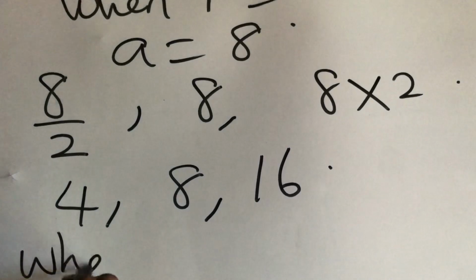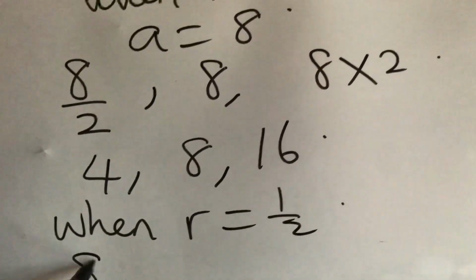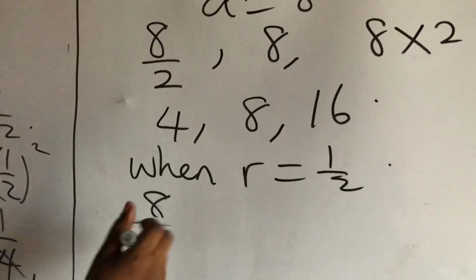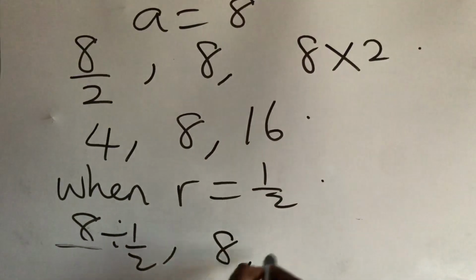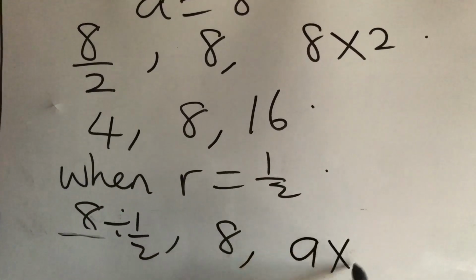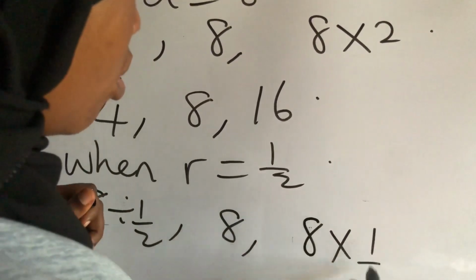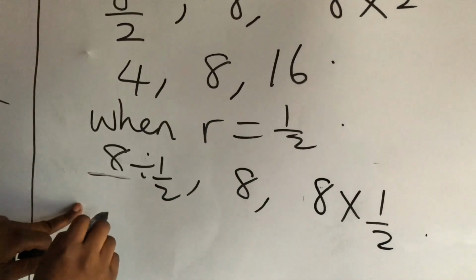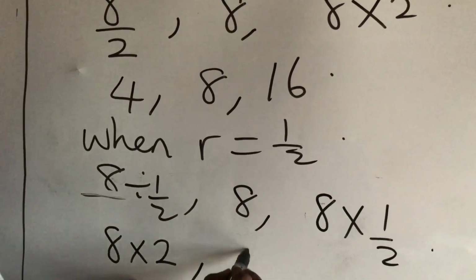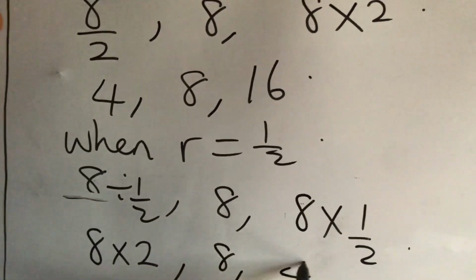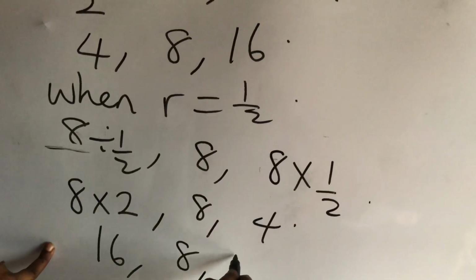So when r is equal to 1 over 2, we have 8 divided by 1 over 2, comma 8, comma 8 multiplied by 1 over 2. So here we have 8 multiplied by 2, comma 8, comma 4. So this will be 16, comma 8, comma 4.